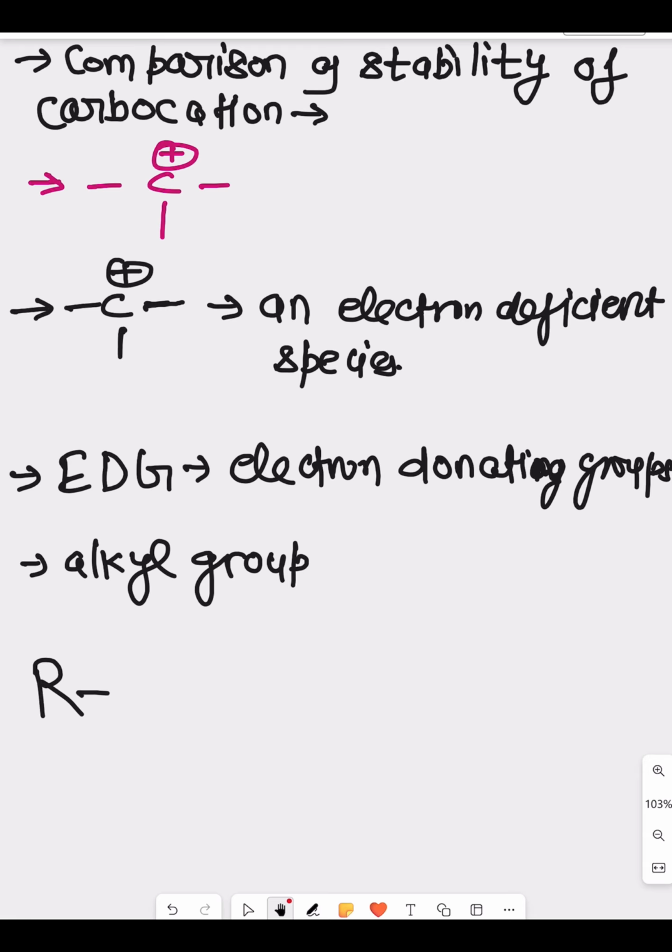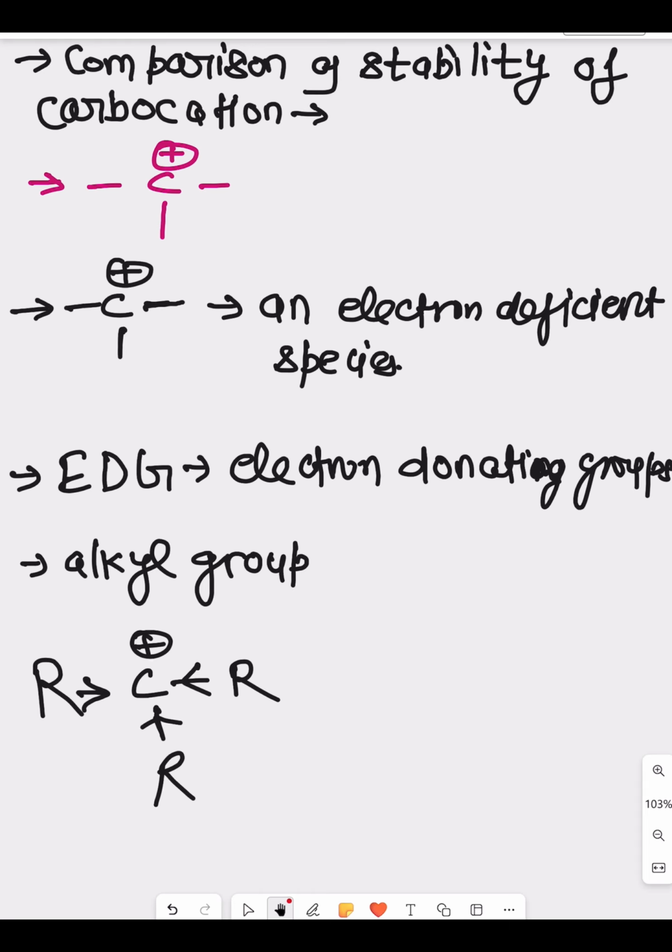Now you can see, if this is your carbocation, this is electron deficient. Now all the alkyl groups will donate electrons to this carbon.